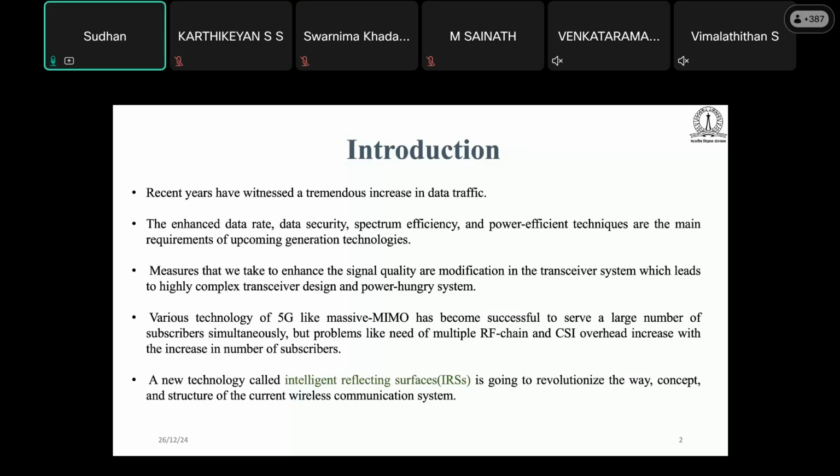If we look only in terms of data rate, then we need many more active RF chains. Now the question is, can we reduce the number of RF chains, but still achieve that data rate? That is one main agenda for coming to this intelligent reflecting surface.